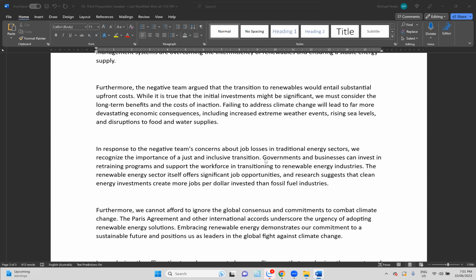That means it's not really an issue. So governments and business can invest in retraining, support the workforce in transitioning to renewable energy industries, and in fact, it can offer even more job opportunities. So we're not creating a problem, we're fixing a problem. So always try and find a way to spin those problems into opportunities for solution.